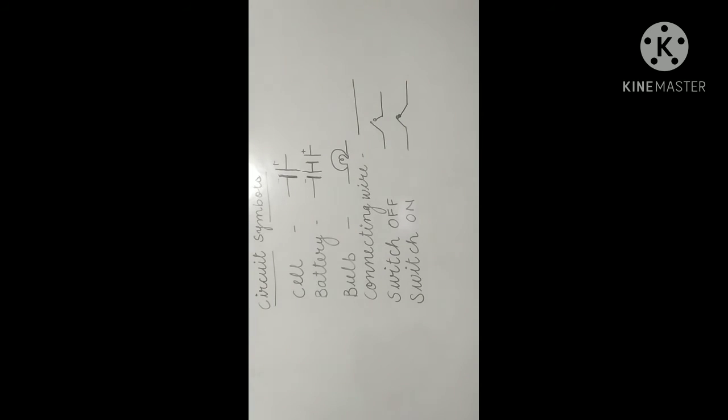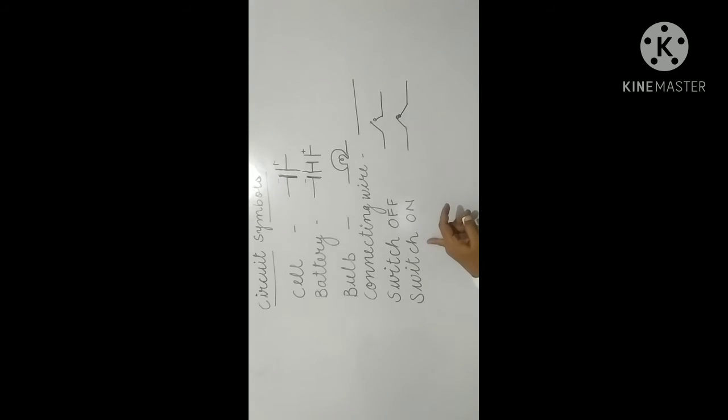Each switch has two points. When the two points are not connected, the circuit is open. If it is not connected to the circuit, it is an open circuit. This situation is known as the off position.